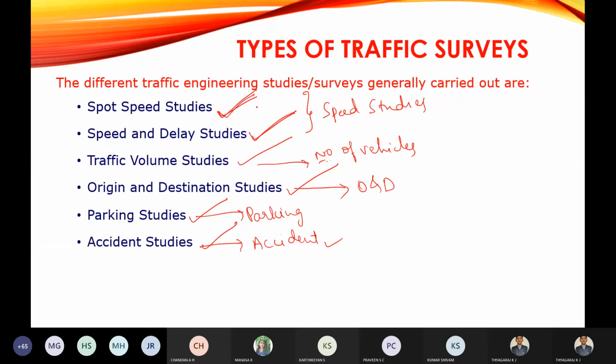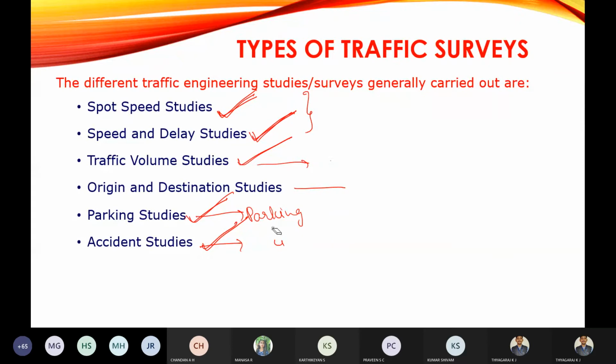One is spot speed study, speed and delay studies, traffic volume study, origin and destination study, parking studies, and accident studies. I have to tell one thing: for all these studies there is one general format.